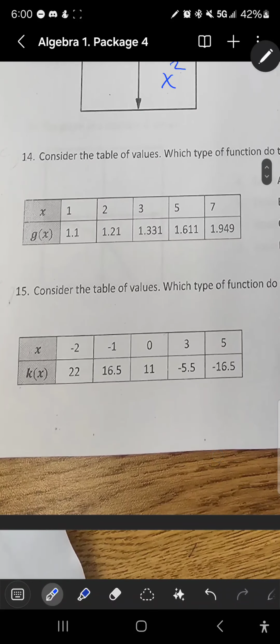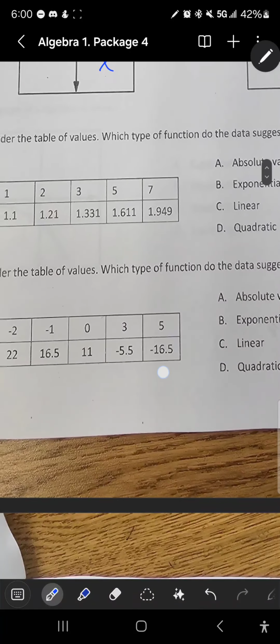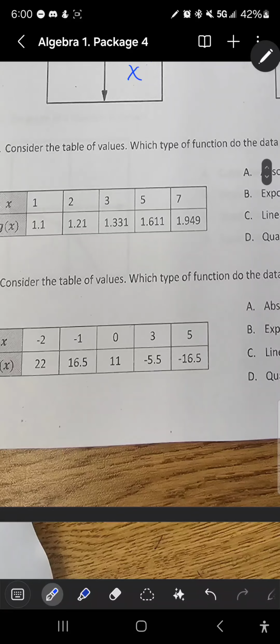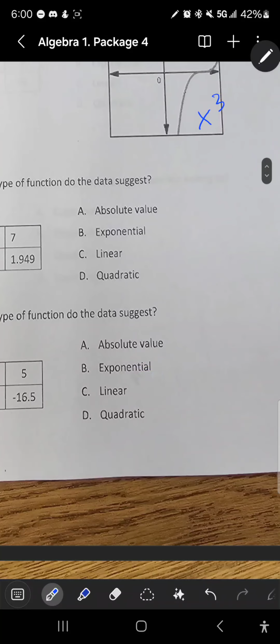Let's continue. Number 14. Consider the table of values. Which function do the data suggest? Let's see. We can plug it in and see what we get.